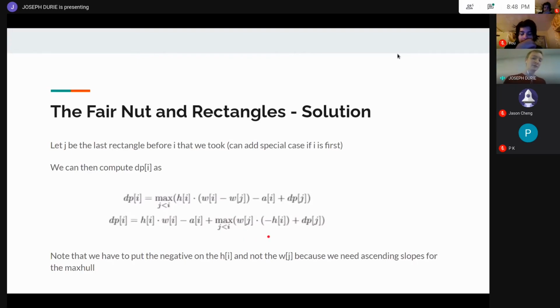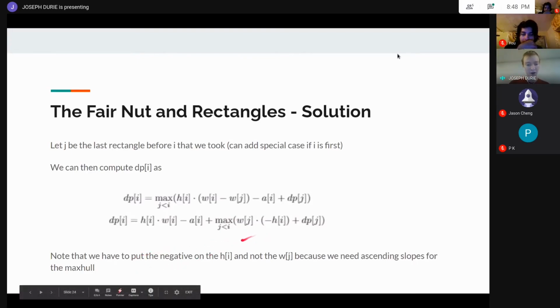Notice that we have to attach this negative to the hi and not to the wj, because we need the slopes to be in ascending order for the max hull, and the wj are in ascending order. The widths are increasing as we go on. So that's just another thing to be careful about: you have to get the slopes in the right order.